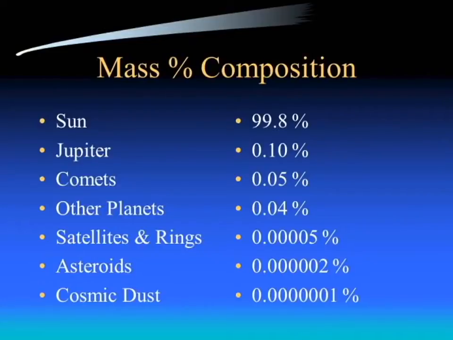All the other planets get together, and they have a mass of about 0.04%. Then you've got satellites and rings, and you can kind of see the very, very small percentage you've got there. Asteroids and this cosmic dust, so that gas and dust is left over from the beginnings of the solar system. So most of that mass is indeed considered right in the sun. Okay? And the only other planet that counts as an individual one is Jupiter. Otherwise, everything gets lumped together.